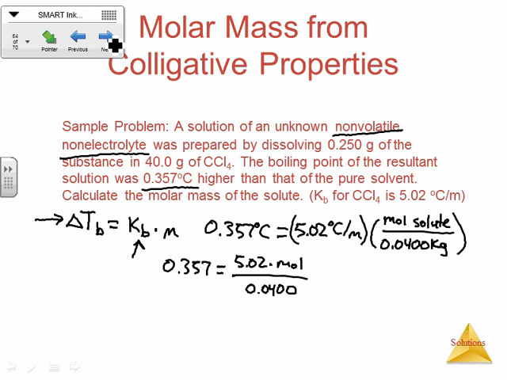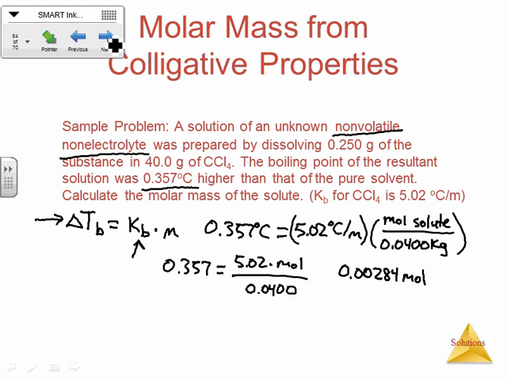Okay, and so then we're just solving for moles. So we multiply both sides by the 0.04 and then divide both sides by the 5.02. That'll give us the number of moles of the solute that we have. And that should give us about 0.00284 moles of the solute.